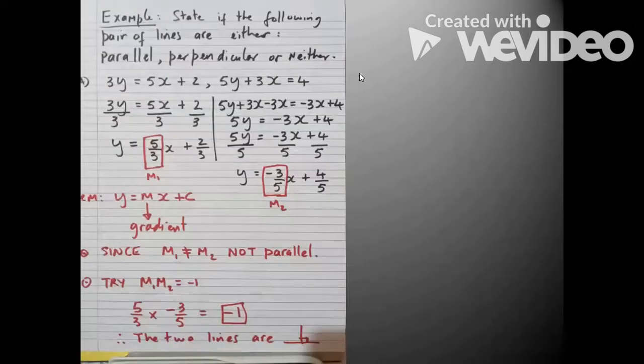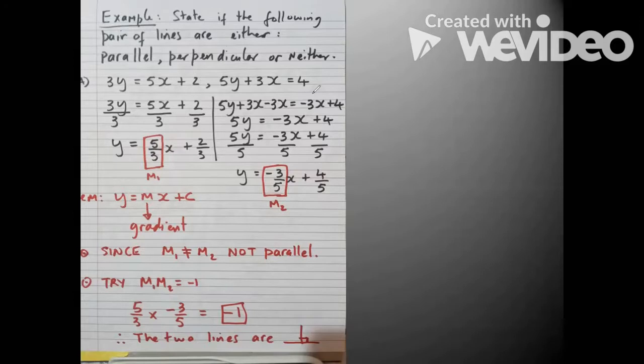All right, so let's look at this question here. It says state if the following pair of lines are either parallel, perpendicular, or neither.